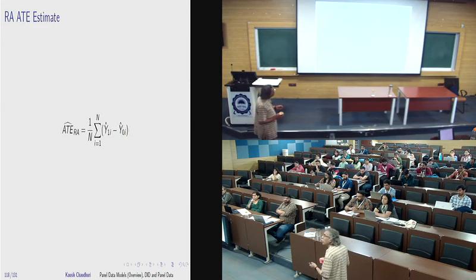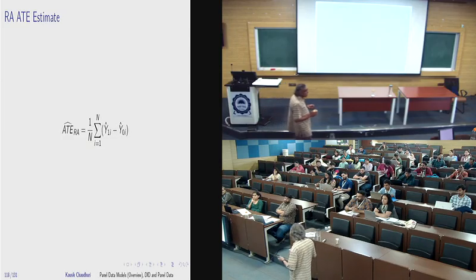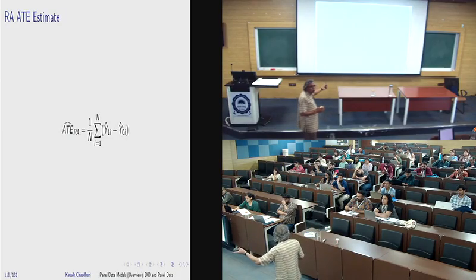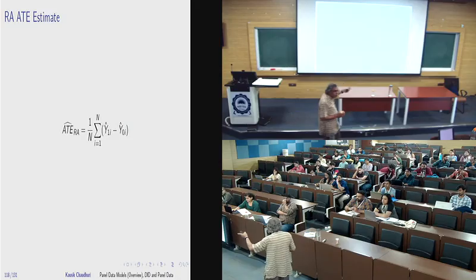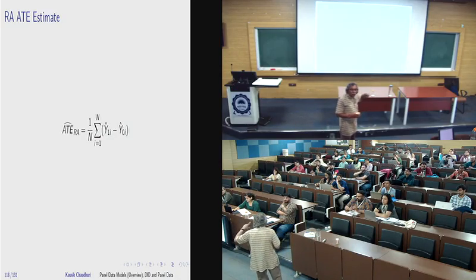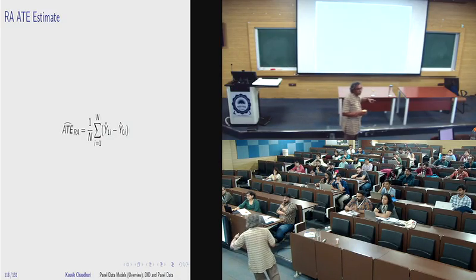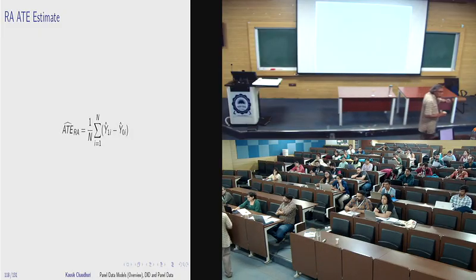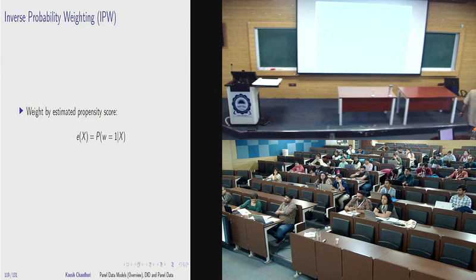So that's my y1 hat minus y0 hat. I take the difference across everybody, I take the average and I call it average treatment effect estimated via regression adjustment. And that's why I'm doing two different regression. Clear? Fine.